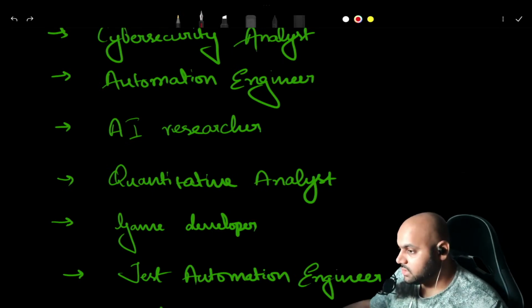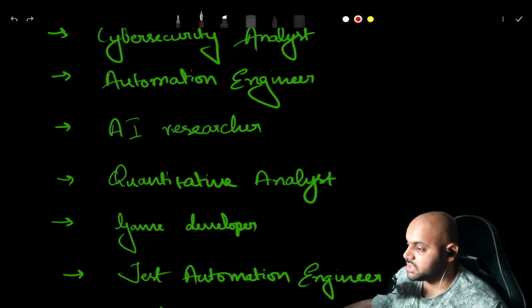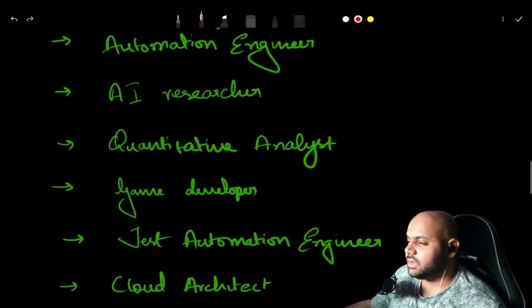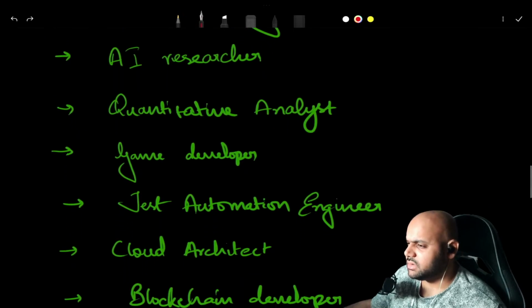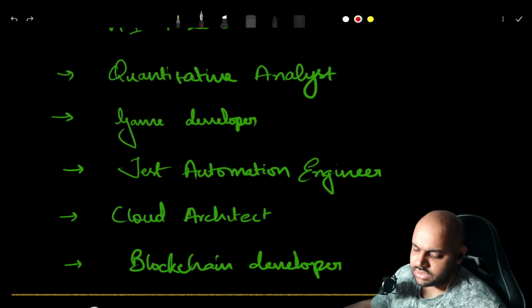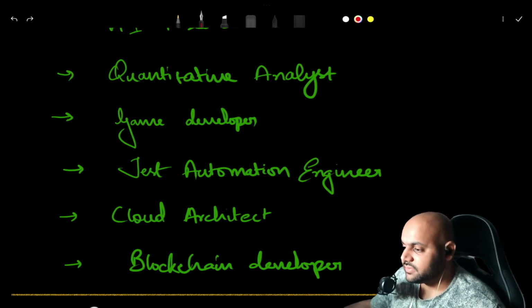They use Python to analyze financial markets, especially the people who interact with trading a lot. Again, Python is used over here also. Game development, test automation engineer, bioinformatics specialists, cloud architecture, and blockchain developers. These all again use Python itself.